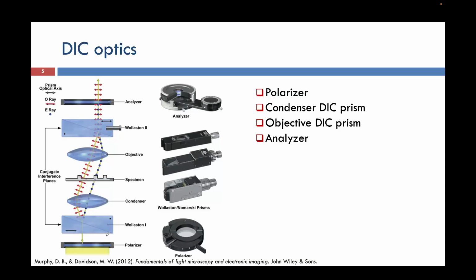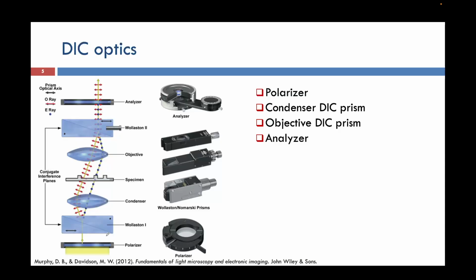Okay, now coming to the DIC optics. I have explained the mechanism, but first we will see how the optics work. What are the different components? Though this looks a little bit complicated, there is nothing to worry about, because the setup is more or less similar to a light microscope.